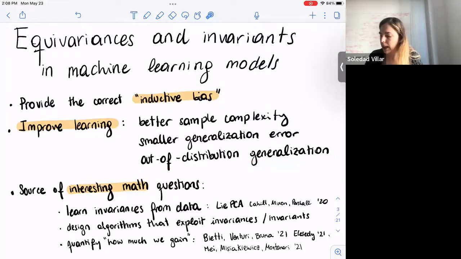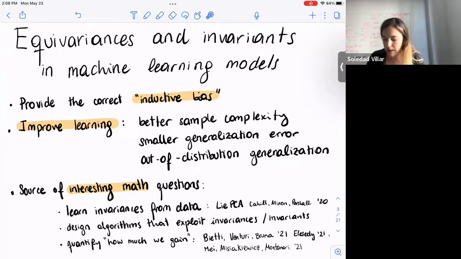And there are also very interesting mathematical questions that we can address. Many of these questions remain open, so I think there's a lot of space to do some interesting math.